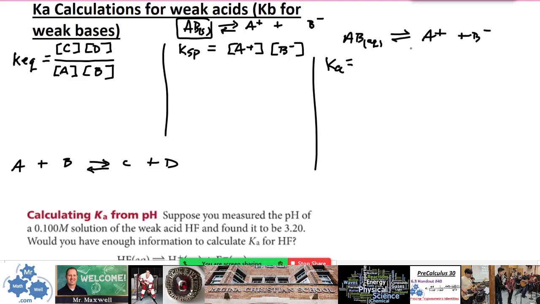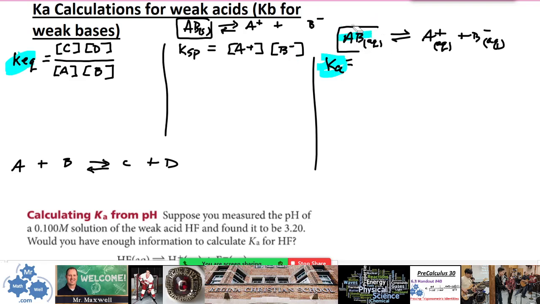But it's going back and forth, and of course these are aqueous as well. So the Ka is very similar to the KSP, but different in that this is not a solid. This is aqueous. So this Ka is more like the KEQ, because the reactant here is aqueous, so the concentration can change.